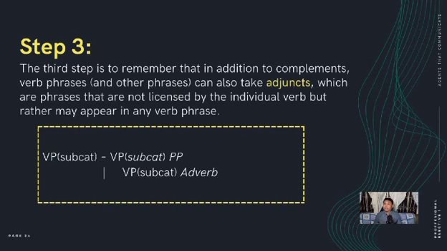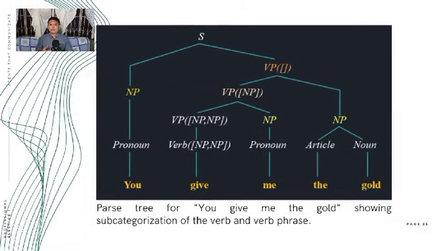So, the meaning is that I took the dog for a walk at some unspecified time. So, in the next slide, we can see the parse tree for the example, give me the gold, showing the subcategorization list of the verb and the verb phrase.